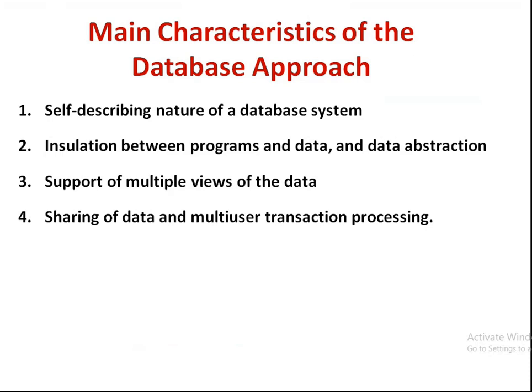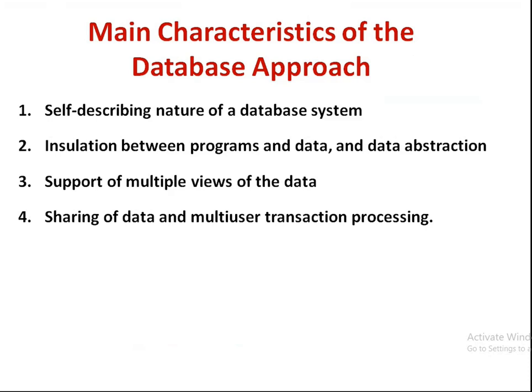The second user, the accounting office, may keep track of student fees and their payments. Although both users are interested in data about the student, each user maintains separate files and programs to maintain these files. So at some point of time, this leads to redundancy. Defining and storing the same data results in wastage of storage and redundant information. Whenever data is redundant, consistency may not be ensured at some point of time.